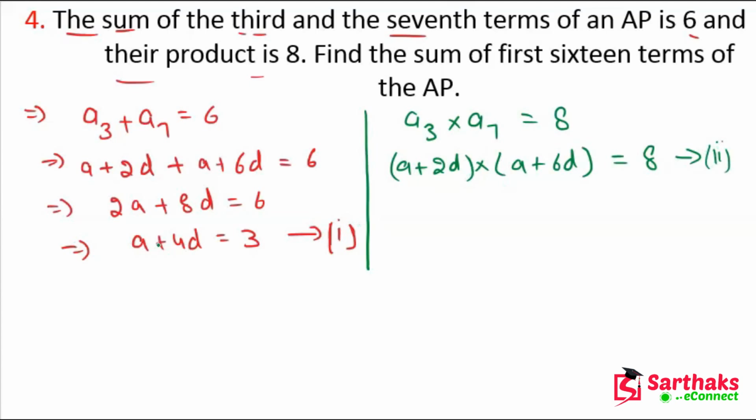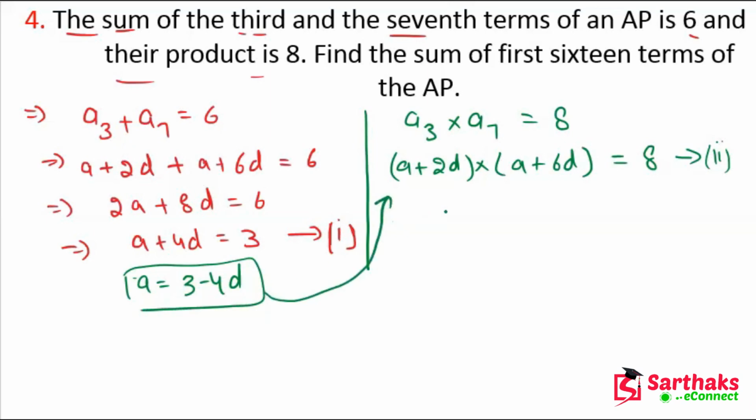Now from the first equation we have A equals 3 minus 4D, and we have to put the value of A in the second equation. After putting this, we have 3 minus 4D plus 2D multiplied by 3 minus 4D plus 6D, which equals 8.